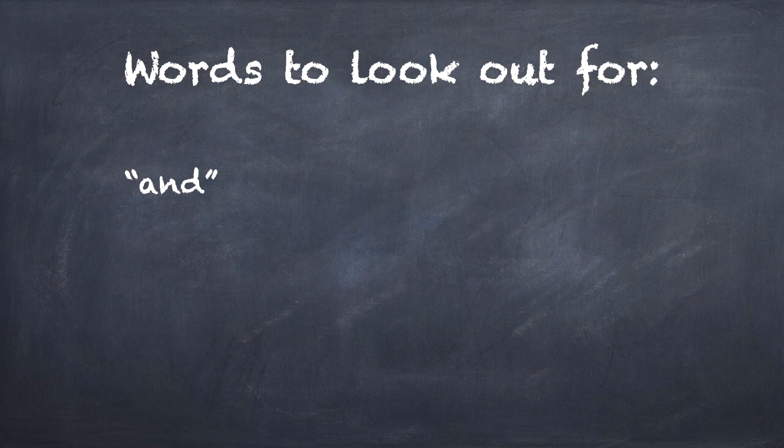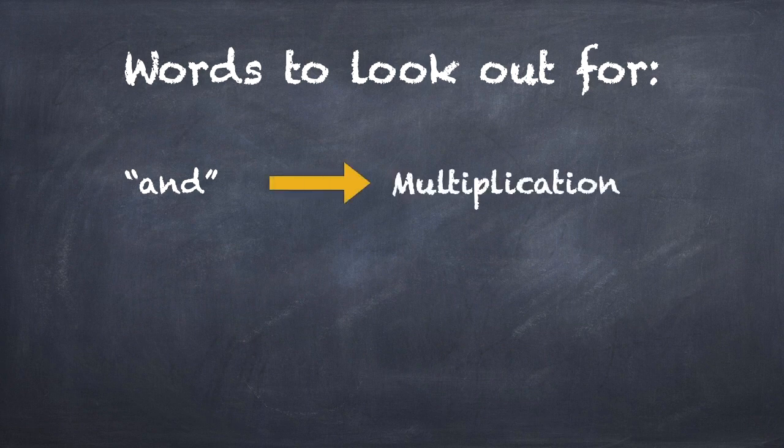The moment you see that word and, we need to think about multiply. The moment we think about or see the word or, we need to think about addition. So for instance, what's the probability of you throwing a 3 or a 4 on a dice? Now, because I use the word or, I can use addition to solve that.